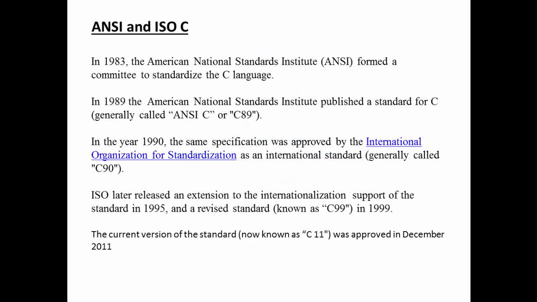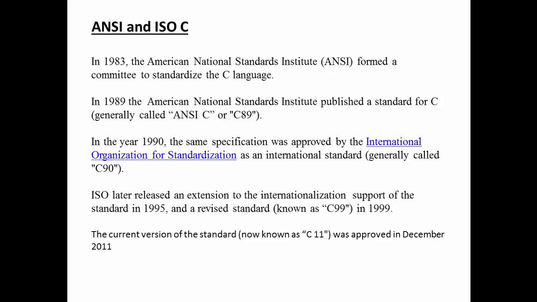Okay. Later, ANSI, the American National Standards Institute, and the International Standards Organization came into the picture, and in the year 1983, the American National Standards Institute formed a committee in order to standardize the C language. In 1989, they came up with a ratification of the C programming language, and the renamed version of C known as C89 or ANSI C was released by the American National Standards Institute.